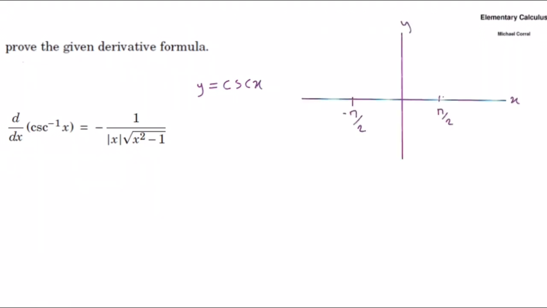And we know that the function y equals cosecant x has a graph like this, and y equals 1 over sine x, and cosecant x at 0 is infinity, and cosecant x at negative pi over 2 equals negative 1, and near 0 it goes toward infinity.